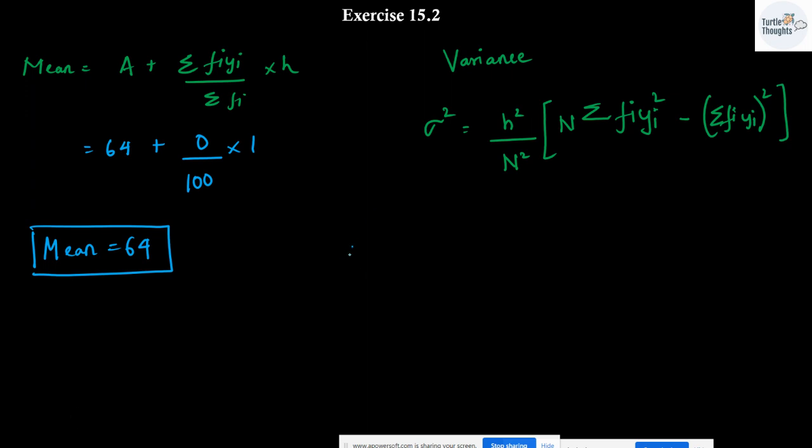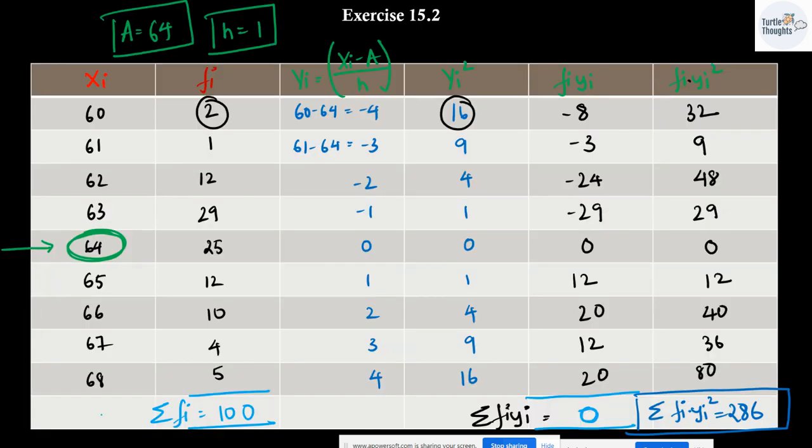Now substituting the same, I will be getting the value of sigma square as h is going to be 1, n is going to be 100, so I'll be writing 100 square, and here 1 square multiplied by n, which is 100, multiplied by sigma fi yi square. What is that we have got?